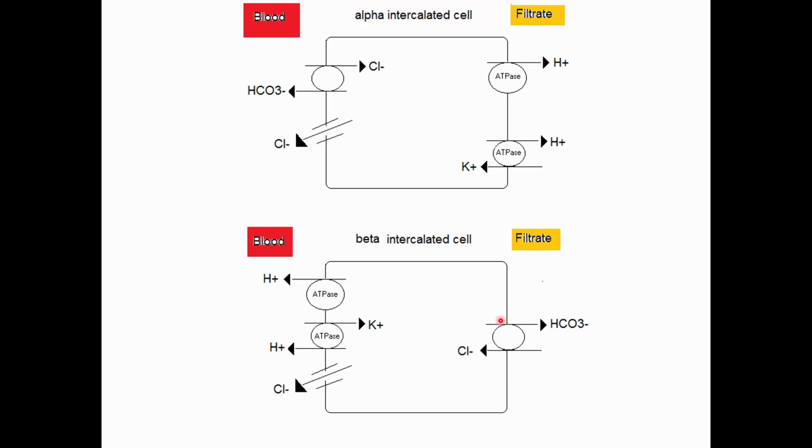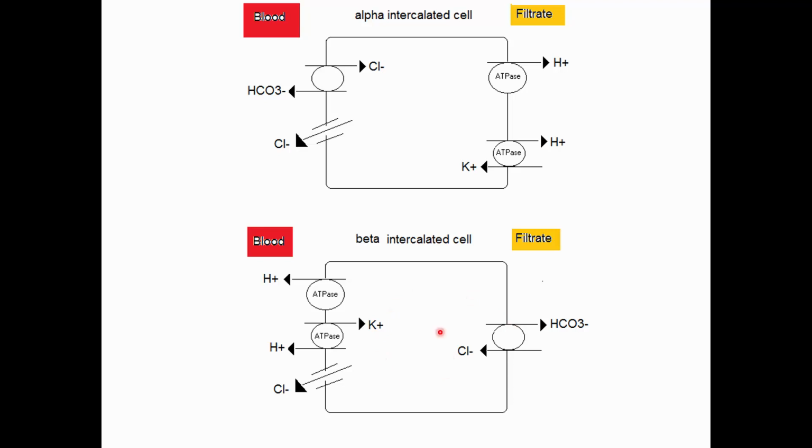Again, how did hydrogen and bicarb get in? It came in as CO2, it came in as water. It met carbonic anhydrase. It got turned into carbonic acid. And then that dissociated into a proton that was pumped out the basolateral side, and a bicarb ion that was exchanged for chloride on the luminal side.